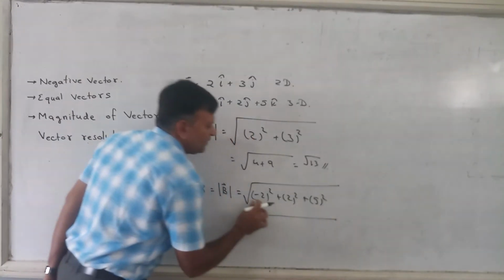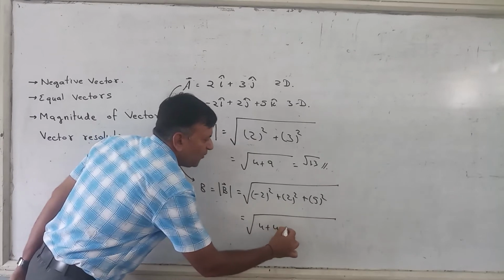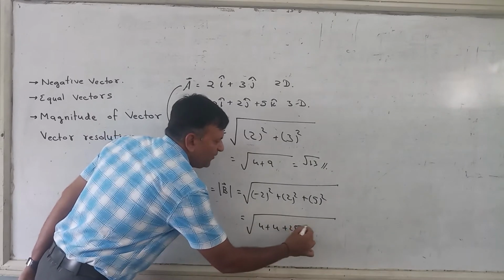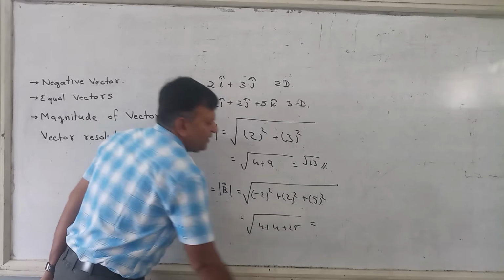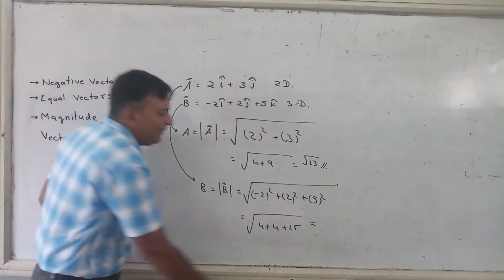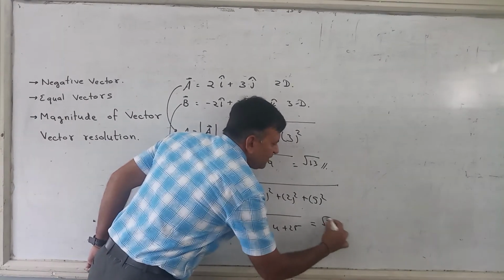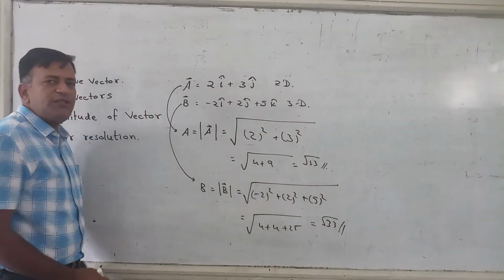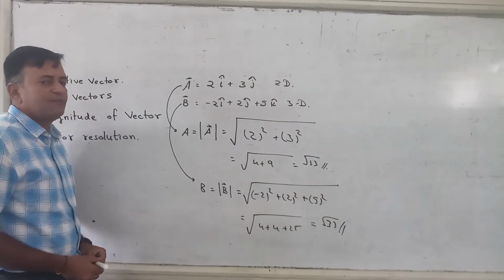This is 4 plus 4 plus 25, which is 25 plus 4, 29, 29 plus 4, 33. So the magnitude of this vector is root 33.